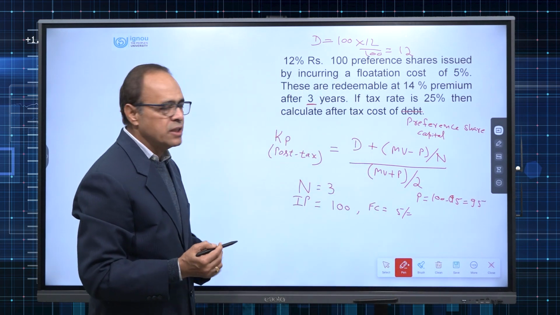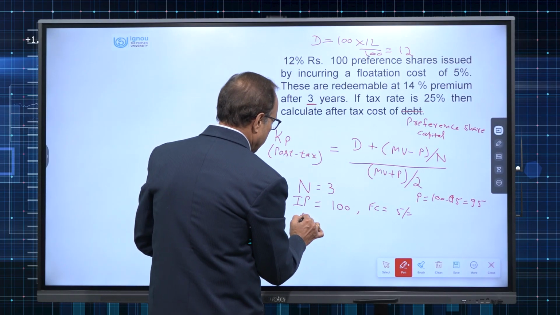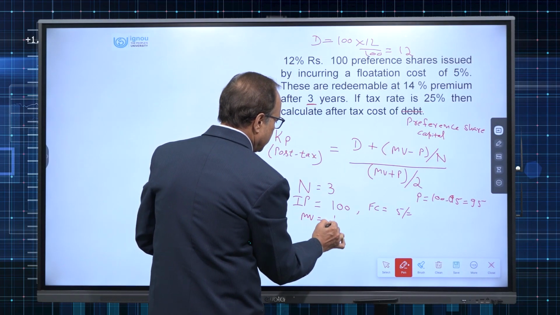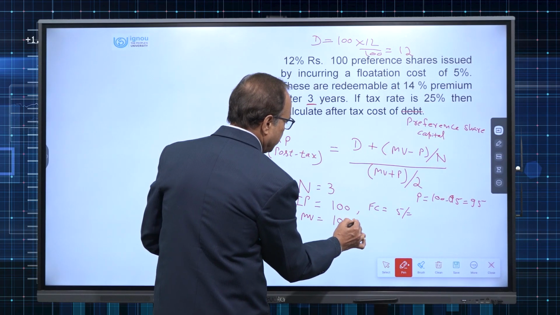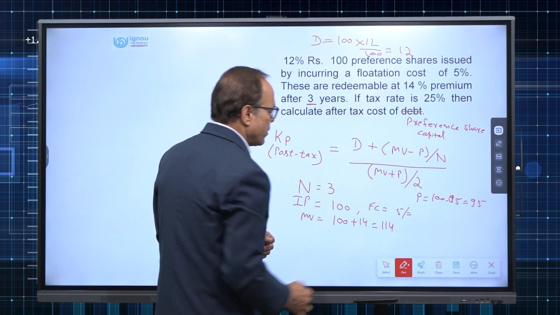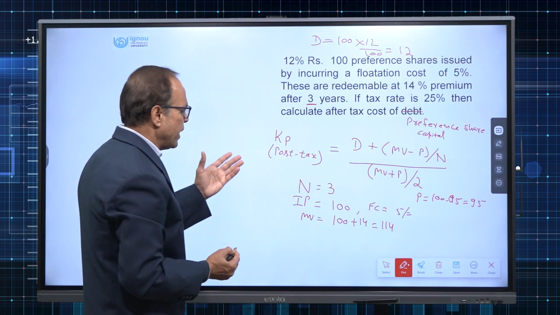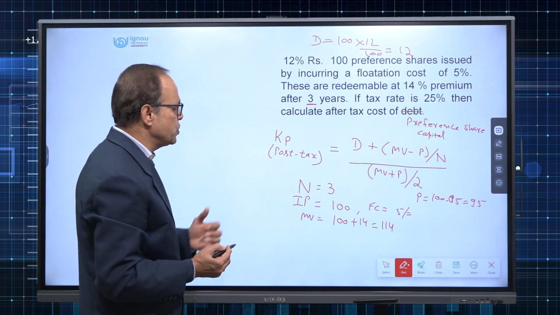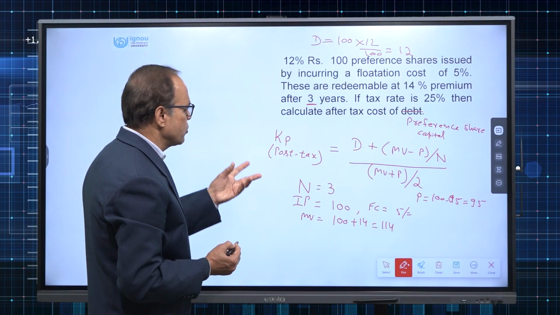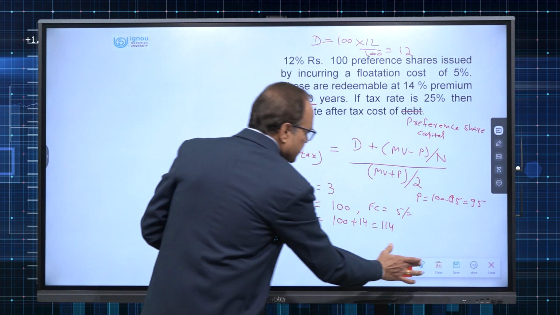So, 95 is the net issue proceeds. Then maturity value. These are redeemable at 14% premium. That means 114 is the maturity value. And lastly, tax rate. So, right now tax rate has no meaning, we will use it somewhere else for twisting the numerical. So, we can calculate after tax cost of this particular preference.